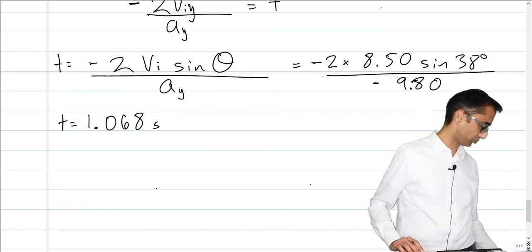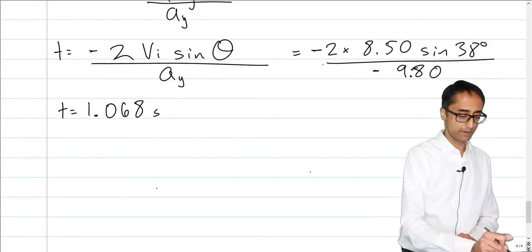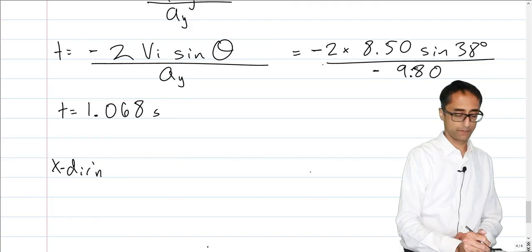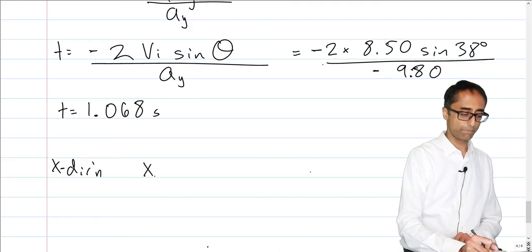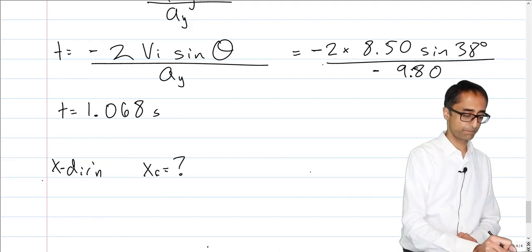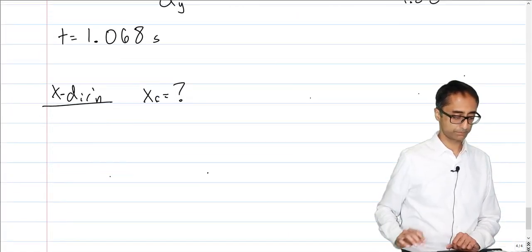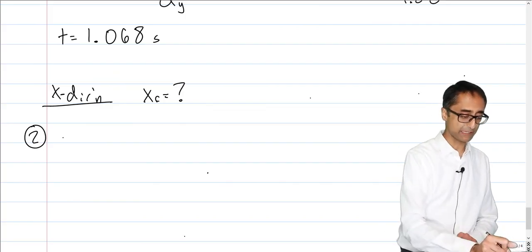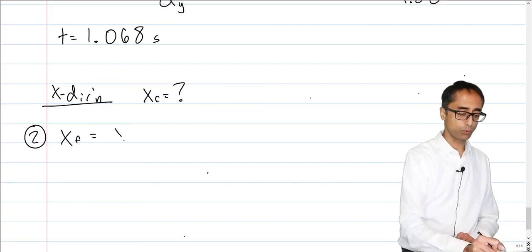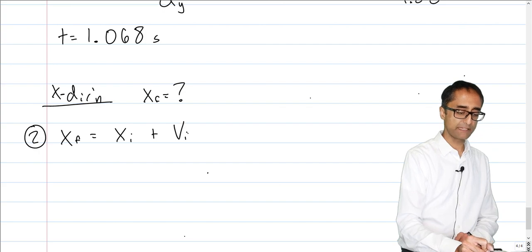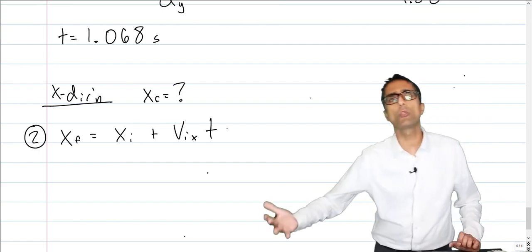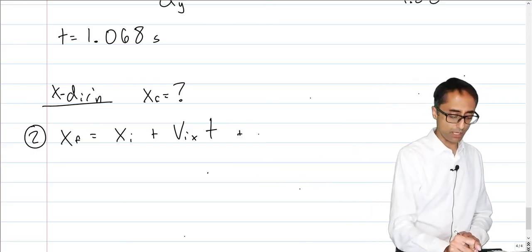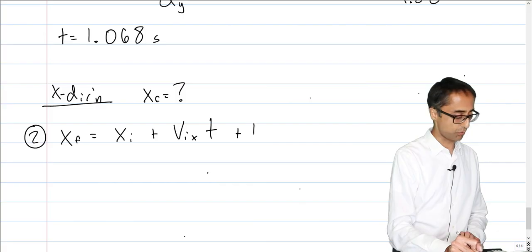And so let's find out what that value is very, very simply. And we will again use equation 2. But this time in the x direction. So in the x direction, we're looking for x final. And our second equation, this time written in its x form, is that x final equals x initial plus v initial x times t. Now you know that's the case. That's all you have. But I think it's logical to write it fully out to show where that came from.